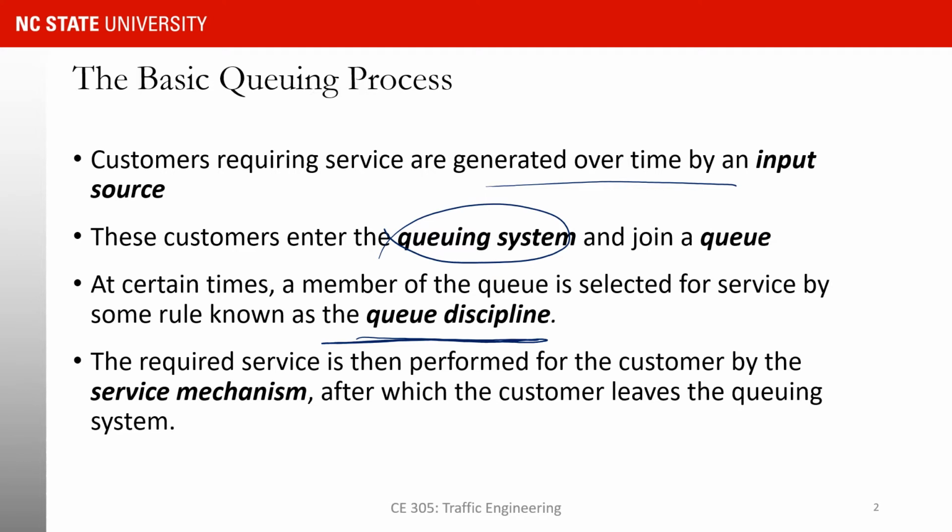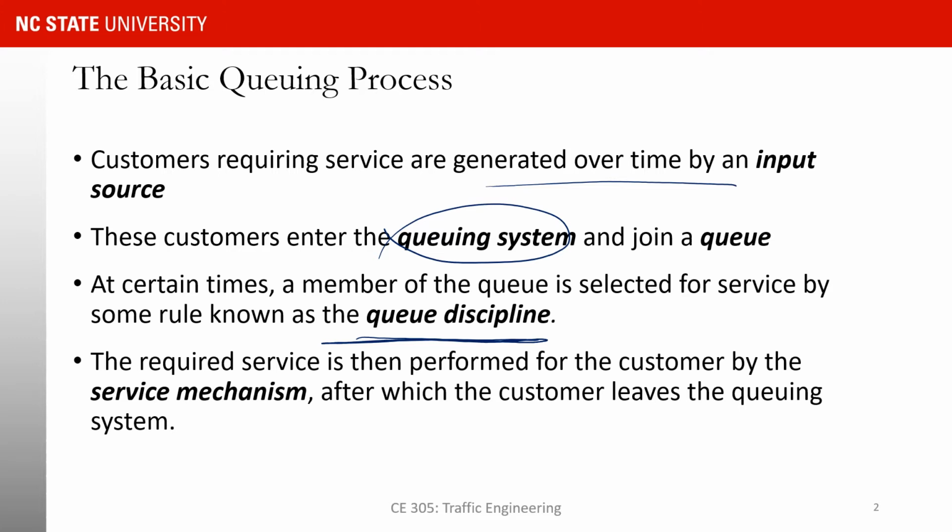And when the service is done, the customer is going to leave the queuing system. So then you can think about the amount of time that the customer needs to wait to receive the service, and then there is another time from the beginning of the service up to the end, and the total time that the customer spends is going to be the summation of the time spent waiting for the service and the time that it takes for that service to be provided to the customer.